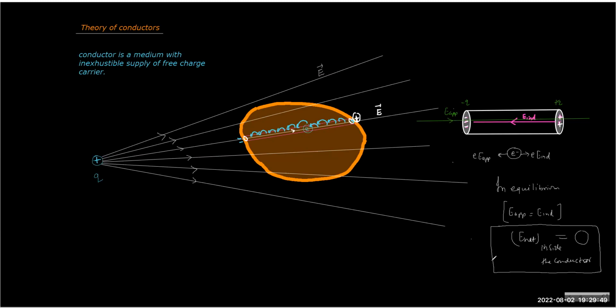It will scatter its free charge in a manner which will make sure that the resultant field inside the conductor is zero. Once again, the moment you throw a neutral conductor into an electric field, the field will create the induction process, which in turn will recreate a new type of charge distribution over the surface. This new distribution will make sure that the resultant electric field will be zero.